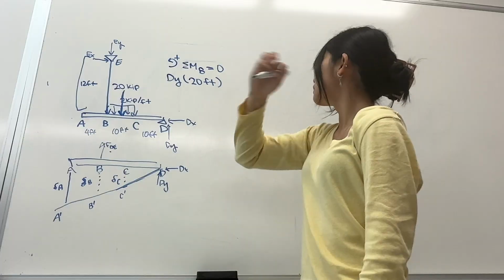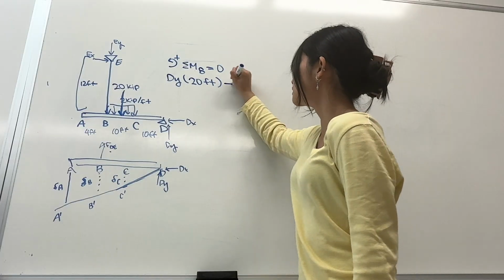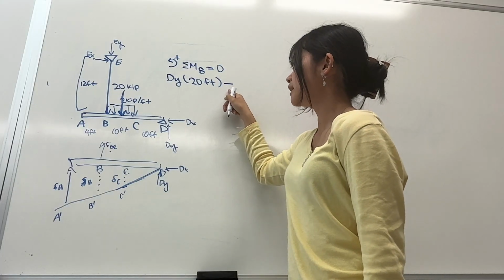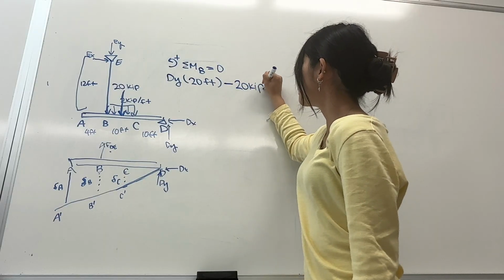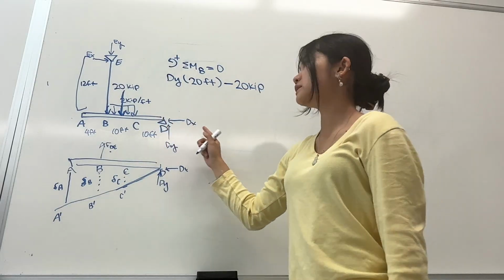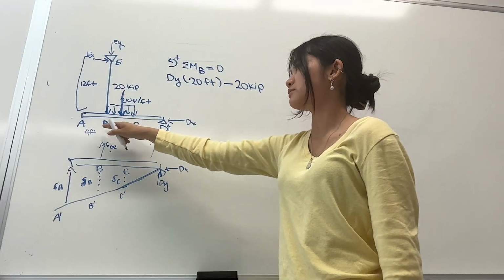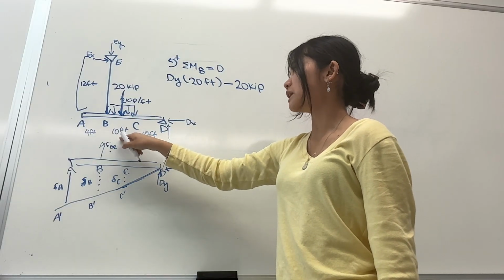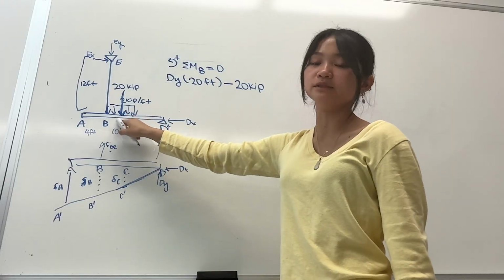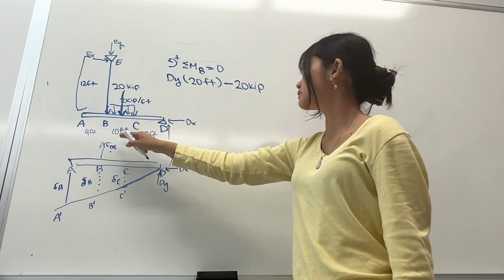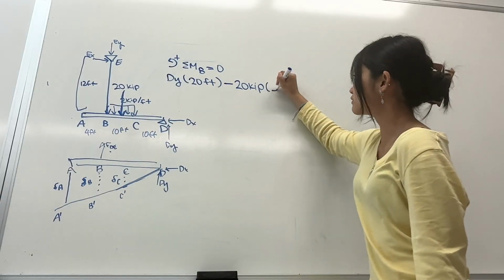So now we can do minus, and then we have our 20 kip force, and then we need to multiply it by the distance from B to this point. So that would be half of 10 feet, right, because it's right in the middle. So we would multiply 20 kip times 5 feet.